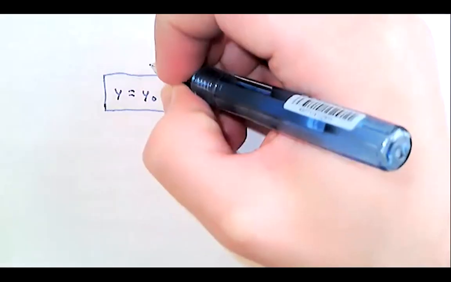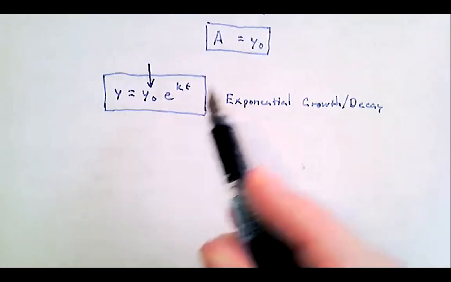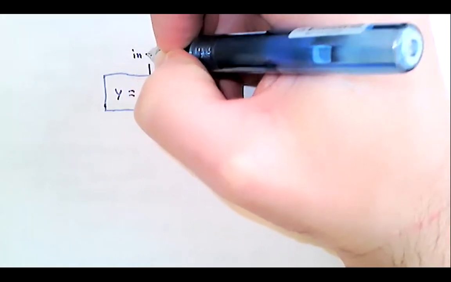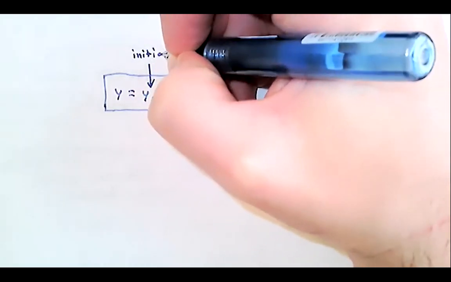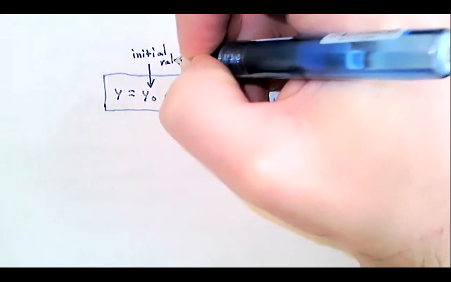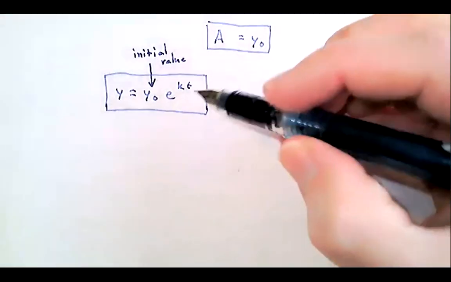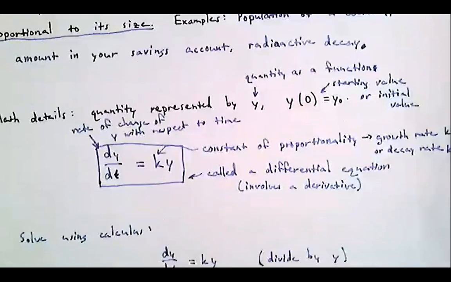Since that's not on this page, I should remind you that y with a little zero next to it is the initial value of your quantity. So it's like your starting population or something similar. And k was the growth rate from the formula that we started out with, the proportionality formula.